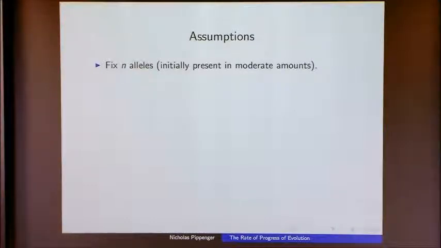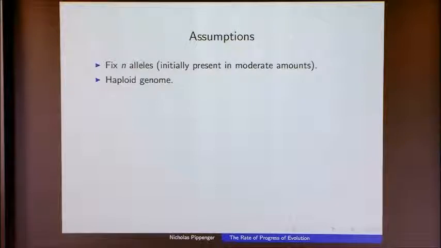There's a version of the theorem that will apply even if they're present in very tiny amounts initially. But suppose initially everything is there half and half. There are two alleles, a good one and a bad one, and the average population of each allele is a half.